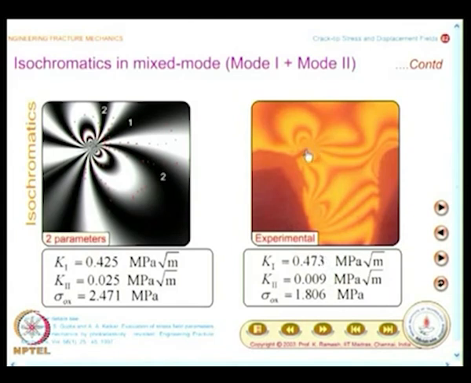It is primarily a mode 1 situation, the final mode 2 component is almost close to 0, and sigma naught x also changes. Now, this you will have to keep in mind.